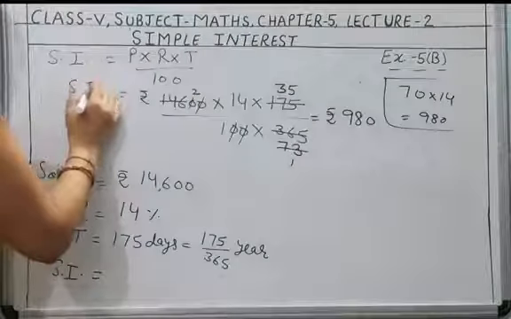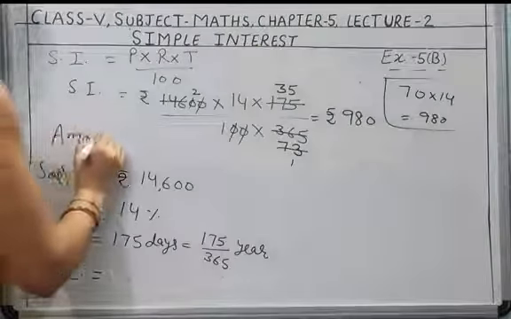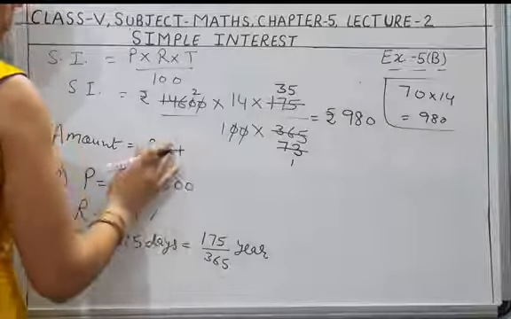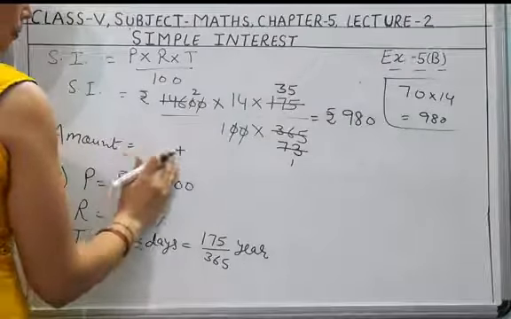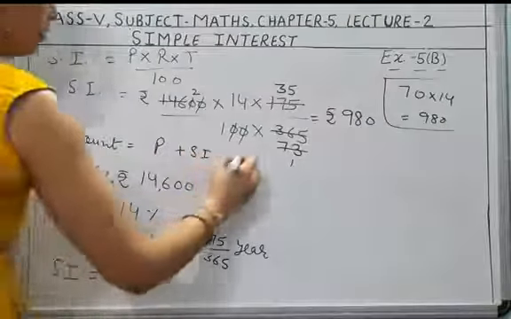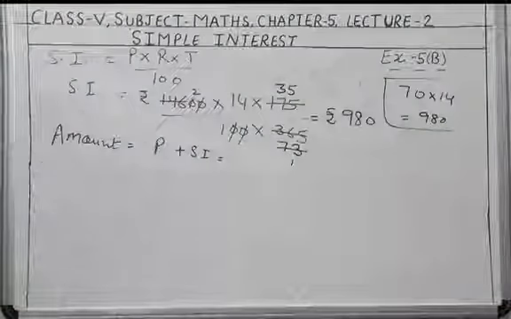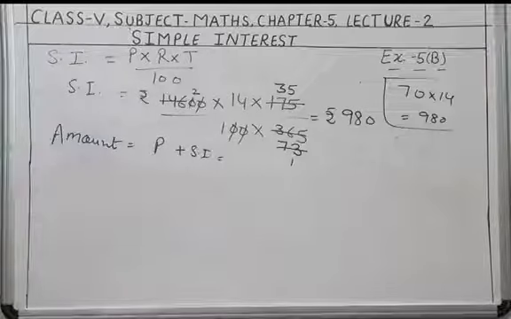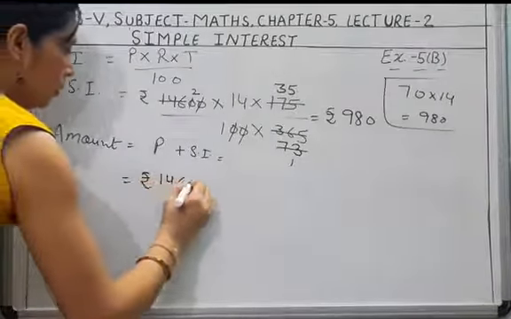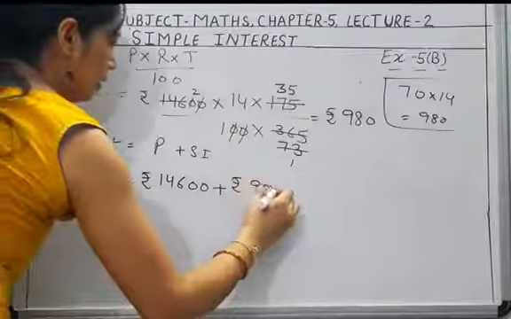Simple interest you are getting now is rupees 980. Amount is equal to simple interest plus principal. So principal is rupees 14,600 plus interest is rupees 980.